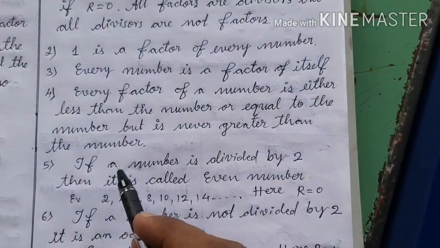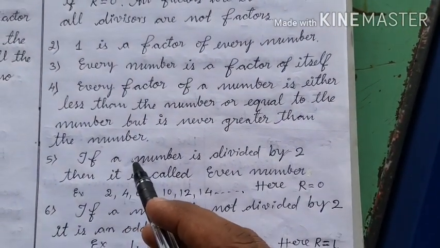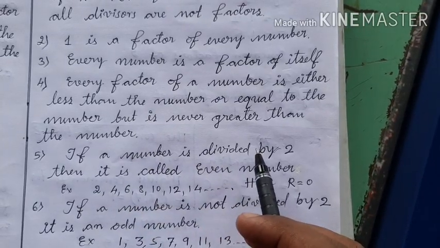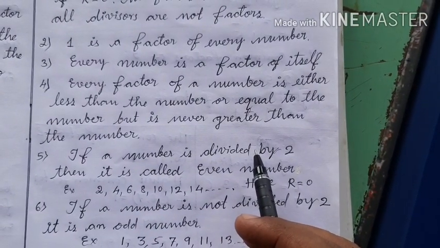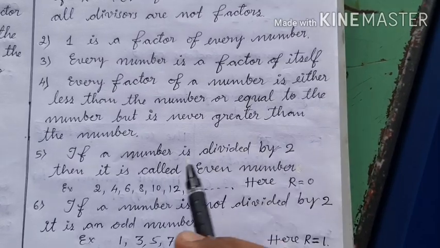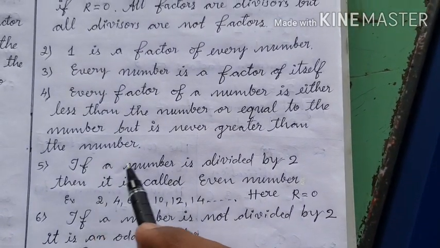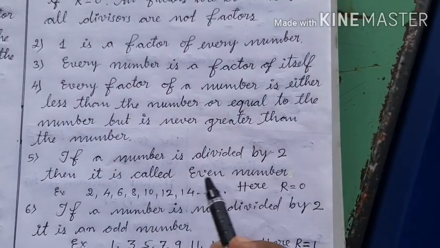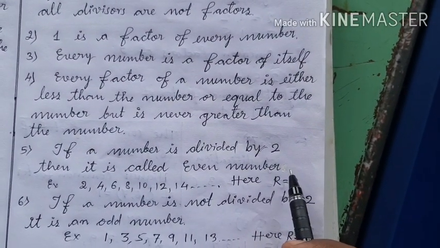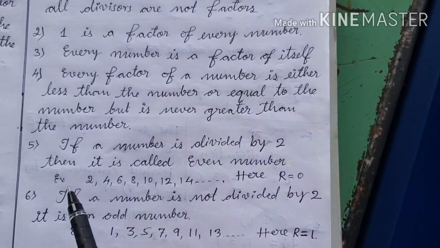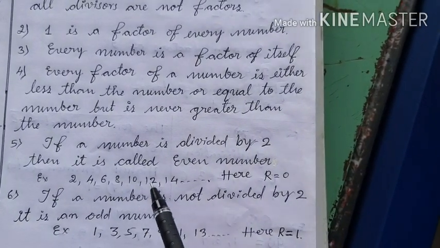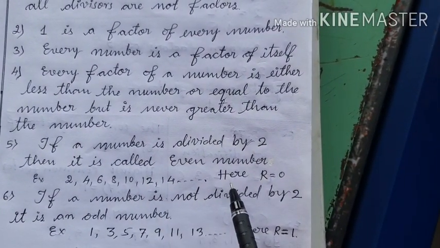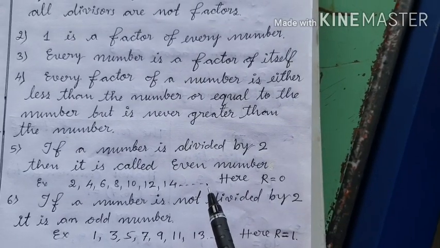Okay, you might have heard about the even numbers and odd numbers. Let us see children, what are even numbers and odd numbers. Okay, if a number is divided by 2, then it is called an even number. For example, 2, 4, 6, 8, 10, 12, 14 and so on are all called even numbers.